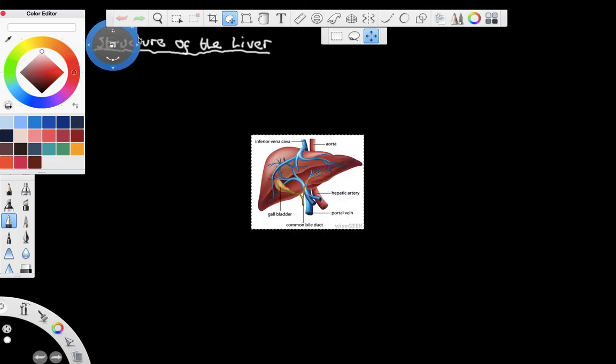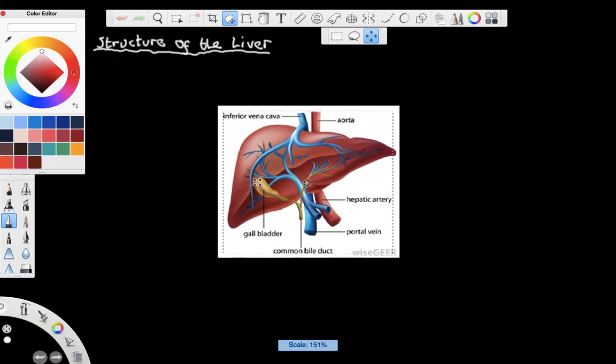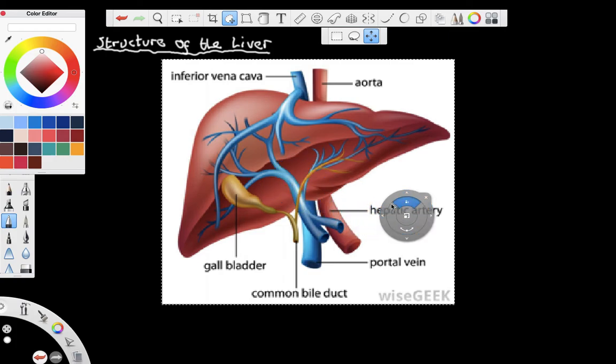Now, the liver is supplied with blood from what's known as the hepatic artery, which is here, and it also has the hepatic portal vein. Now, the hepatic artery brings oxygen from the aorta, whereas the portal vein brings blood from the gut, which contains lots of nutrients.